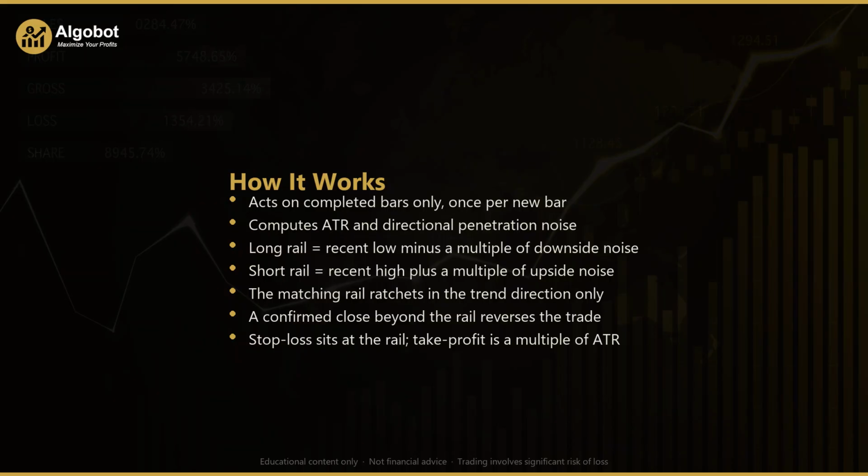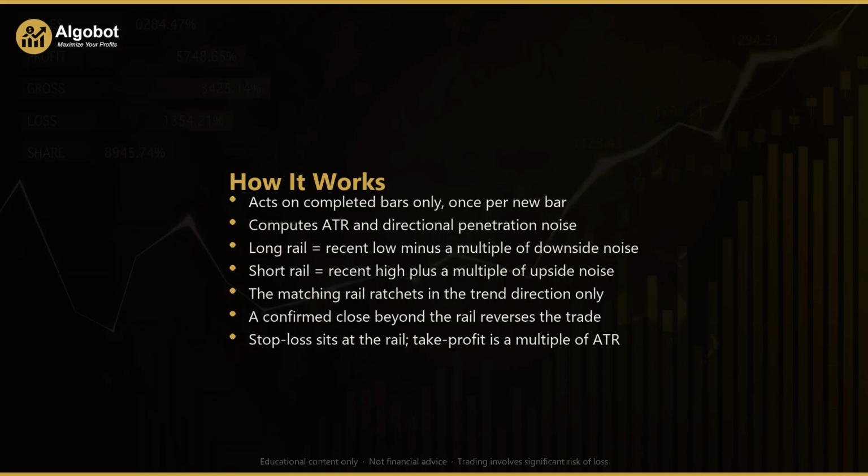To do that, it looks back over recent bars and, for each one, measures how far it dipped below the previous low and how far it pushed above the previous high. It averages only the bars that actually penetrated in each direction. If there has been no counter-trend penetration recently, it falls back to half of the ATR as a volatility floor, so the rail always has a sensible distance.